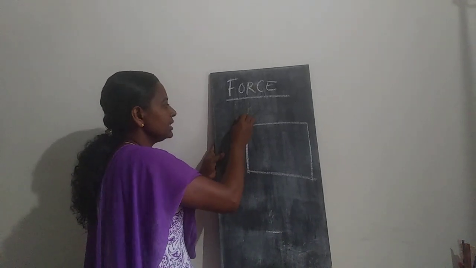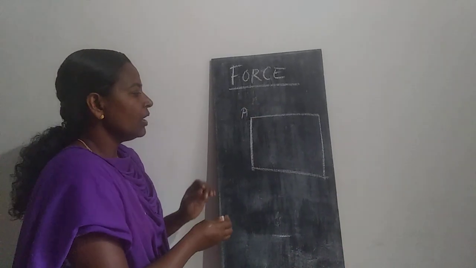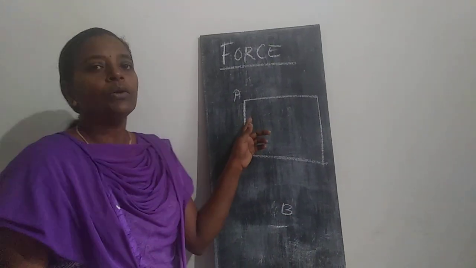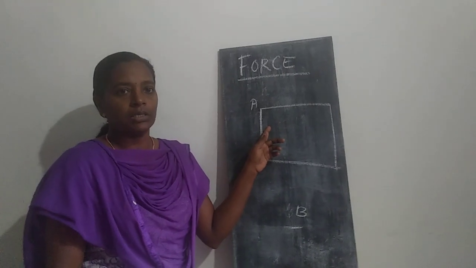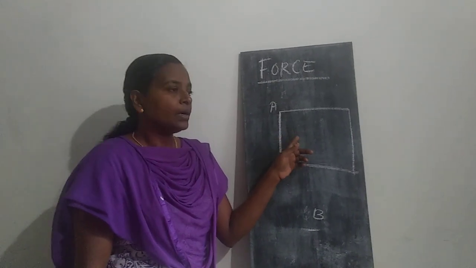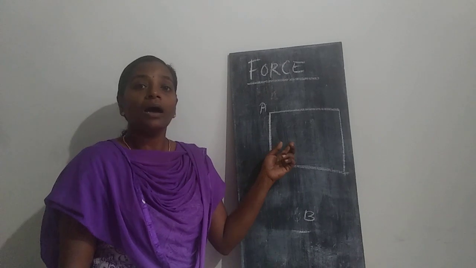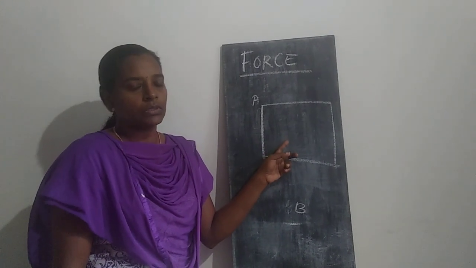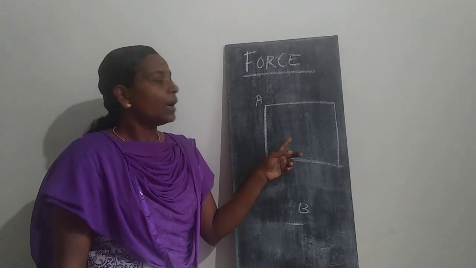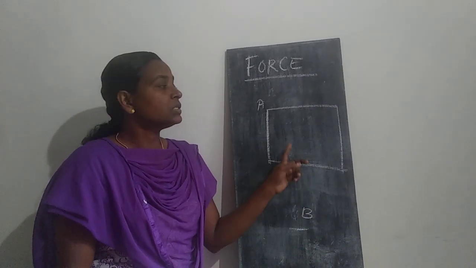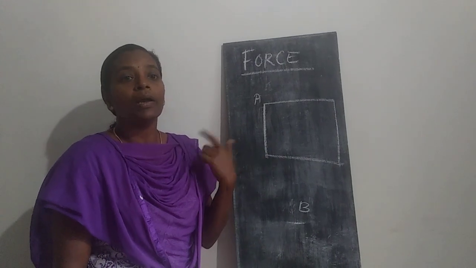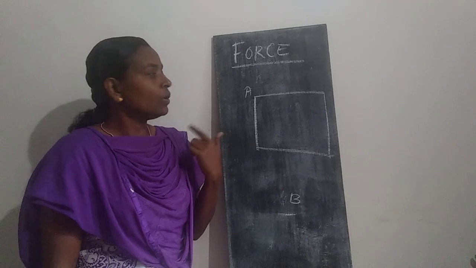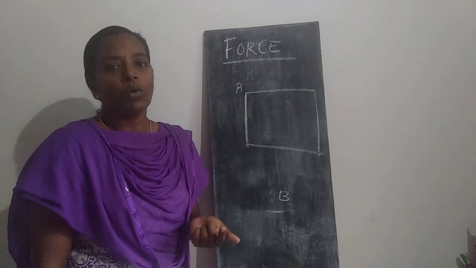Now the box is at position A. I want to change the box to position B. For that I need to apply some force on this object. Here I must apply a large force to move it, because this is very heavy. With a small force, I can't make it move. So I need to apply more force, or I can say that the magnitude of the force should be more.